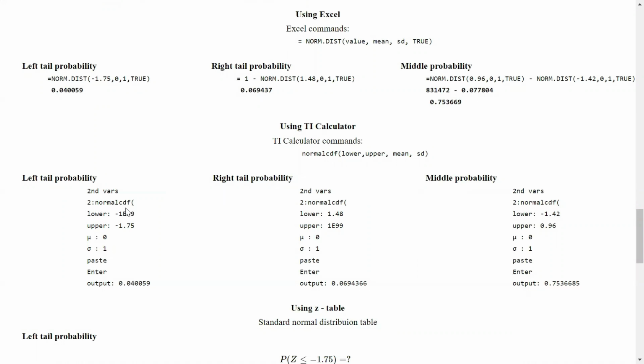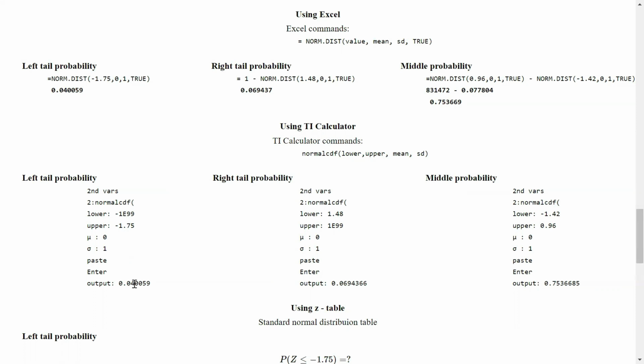That takes us to a screen where we input our information, such as lower, upper, mean, and standard deviation. For the left tail, the lower is negative 1E99, a very large negative value representing negative infinity. Upper is negative 1.75, mean 0 and standard deviation 1, default values kept as they are.